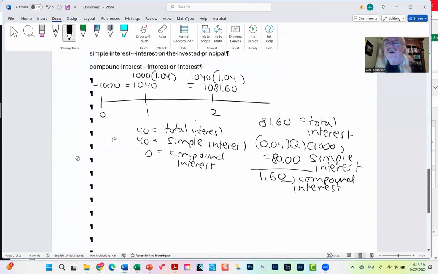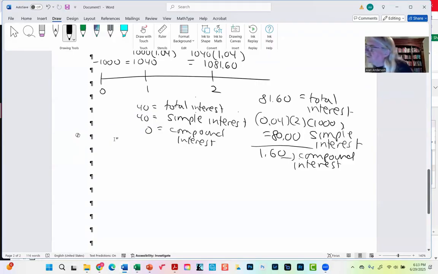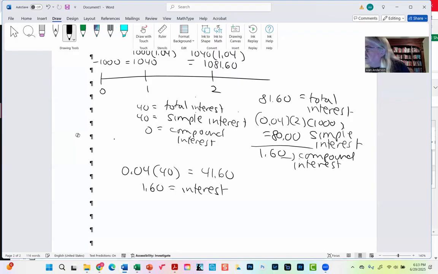Or if you're not sure, what you can also do is think of it as 4% of 40, the interest earned during year one, is, as you'll see in a second, what do you know? 1.60, which means $1.60 is the interest, and it is specifically the compound interest.